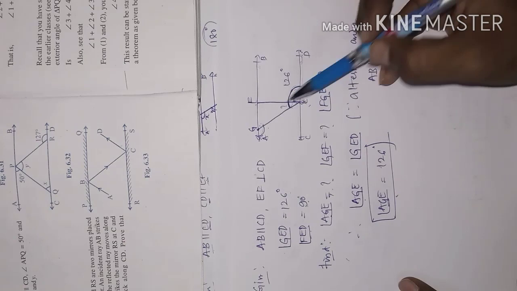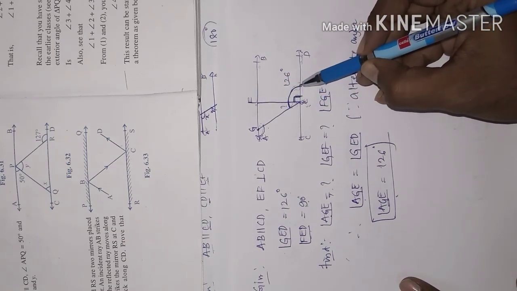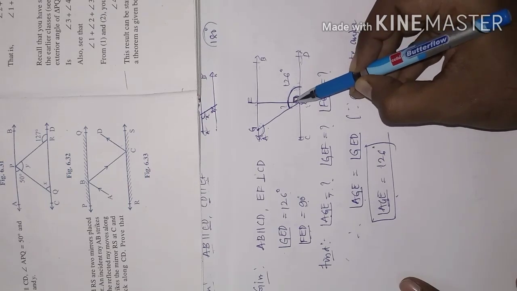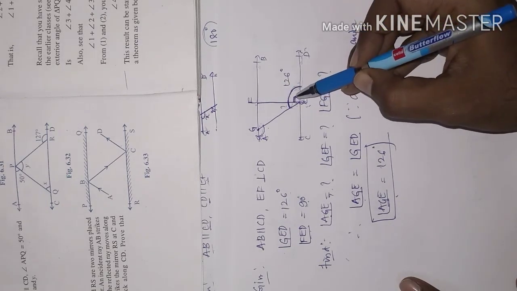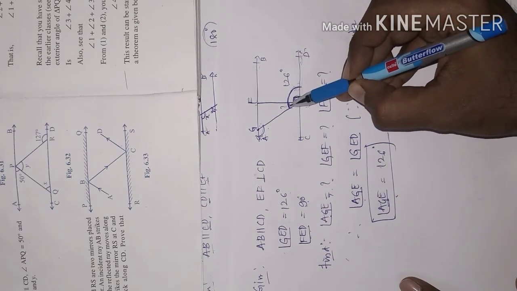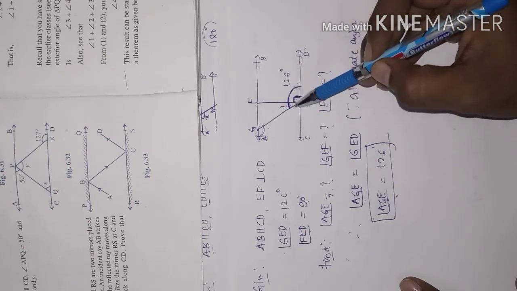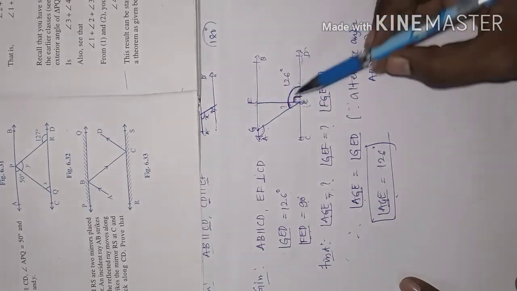Now we'll go for GEF. Boys and girls, you can see this entire angle is 126 and this part is 90 degrees. FED is 90 degrees. If I subtract 90 degrees from 126, whatever angle is remaining will be GEF. I will repeat it.